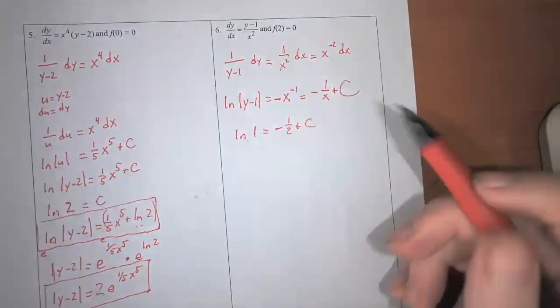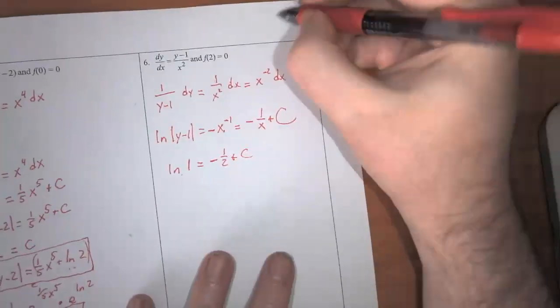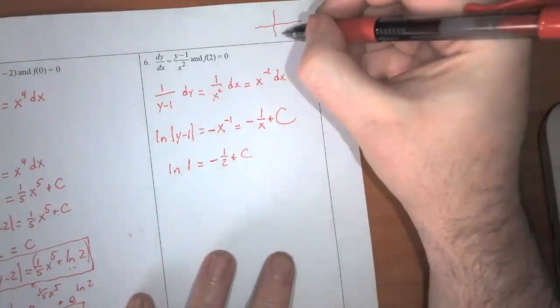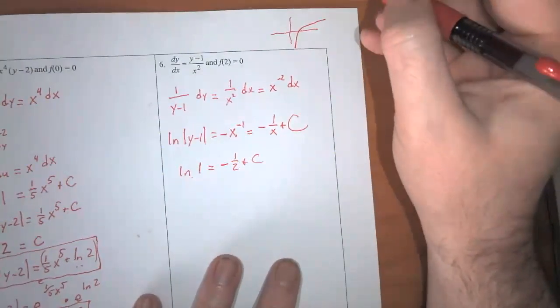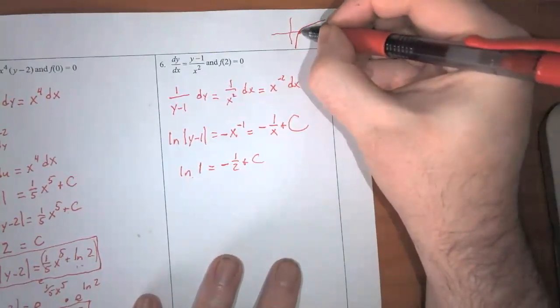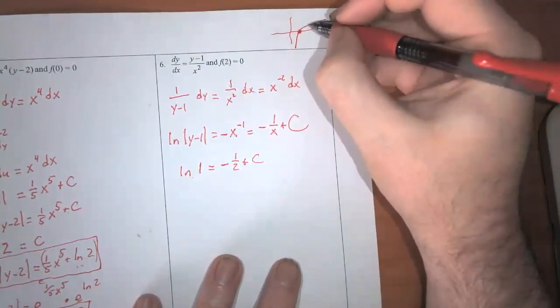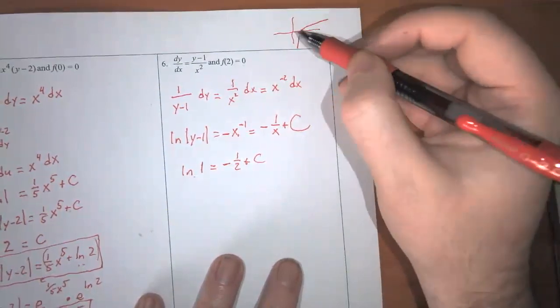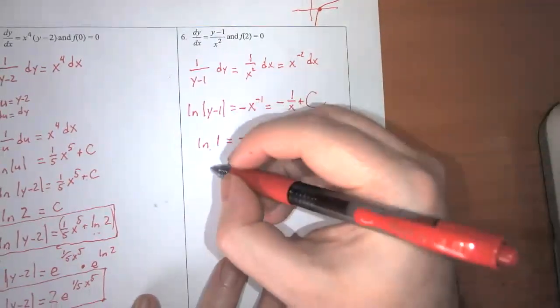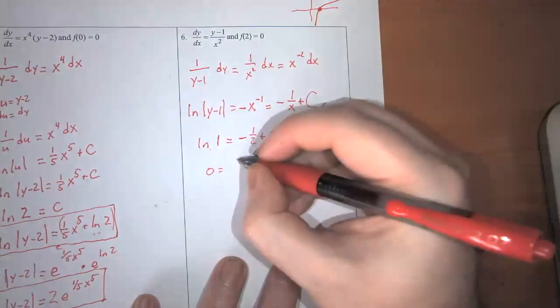So what is the natural logarithm of 1? Remember, natural logarithms look kind of like this. That's kind of the rough idea of how that function looks. And so for any logarithmic function, it's equal to 0 when x is equal to 1. So the natural logarithm of 1 is equal to 0.